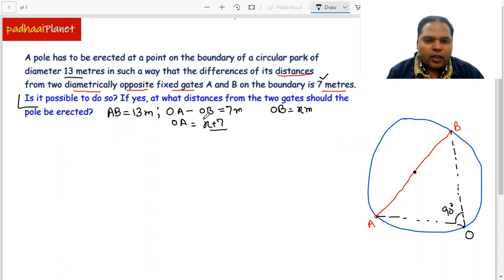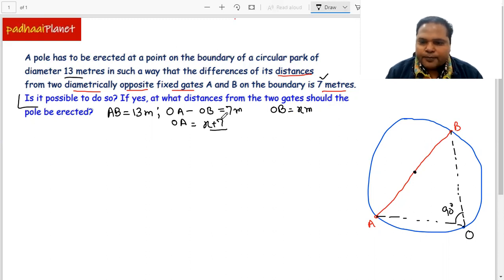Now to figure that out, we need to establish a quadratic equation, and then we need to see if the roots of the quadratic equation are real, that is, if the discriminant is more than zero, then it is possible to have the pole erected at such a point wherein the difference of its distances from the two gates is 7 meters, right? So what we need to do is first make the quadratic equation with the information which is given here.